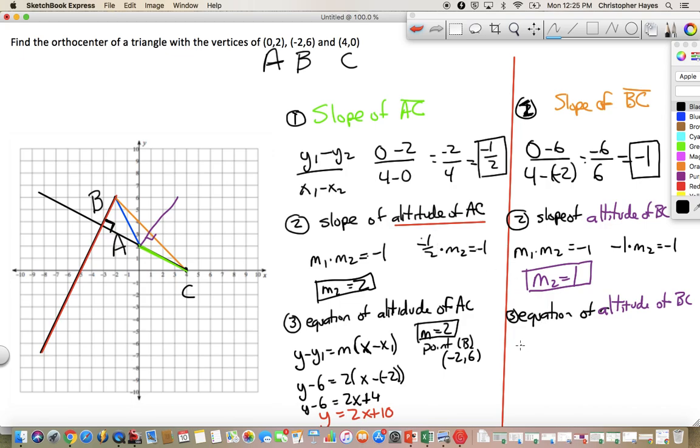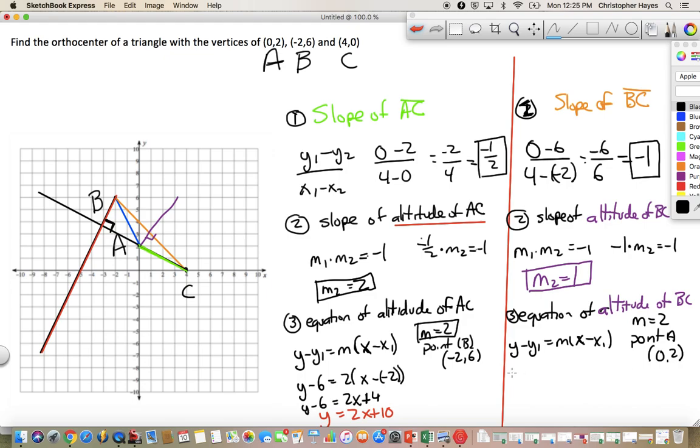Okay, so once again, that's going to be y minus y1 equals m times x minus x1. My slope is going to be 1, and the point that I'm going to use on this one is going to be point A. Point A, as you can see, goes through the line. So point A, which is 0, 2.